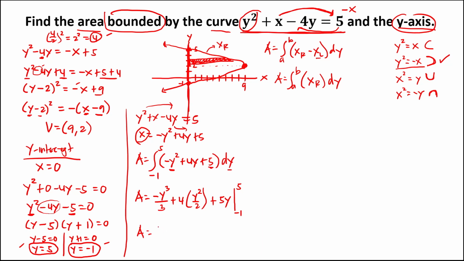To simplify, we have negative y cubed over 3, plus 4 divided by 2, this is 2, y squared, plus 5y, from negative 1 to 5.